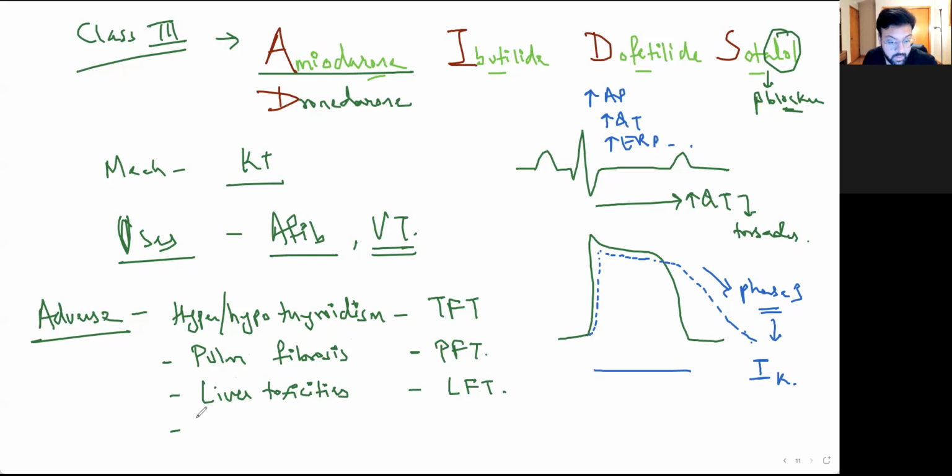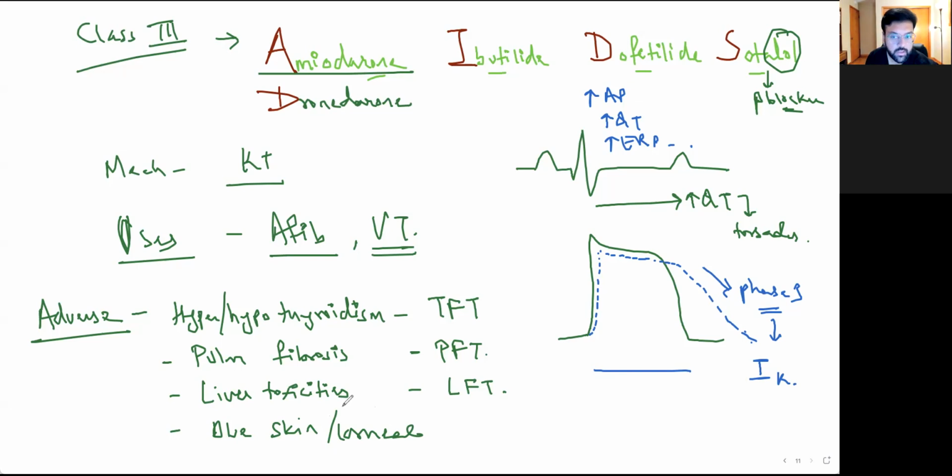Amiodarone is an iodine compound, so it can sometimes cause blue discoloration of skin and of the cornea. So bluish discoloration of the cornea and skin. So: hypothyroidism, hyperthyroidism, liver toxicity, pulmonary fibrosis, and skin discoloration.